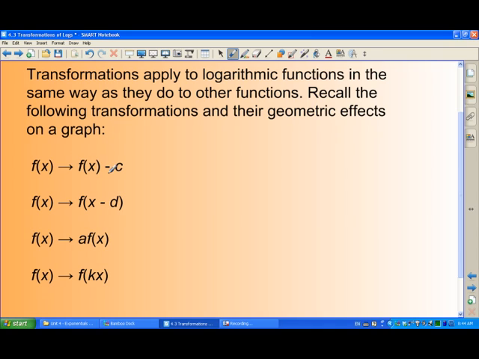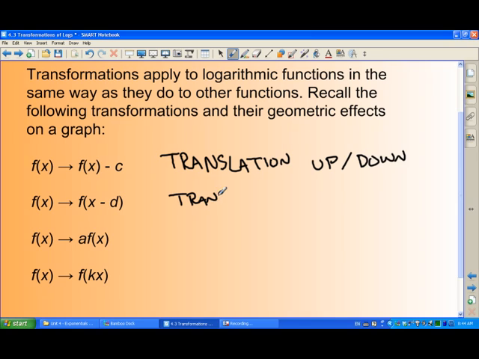So if I have a function like f of x minus c, this becomes a translation up or down. If I have a function like f evaluated at x minus d, this corresponds to a translation left or right.